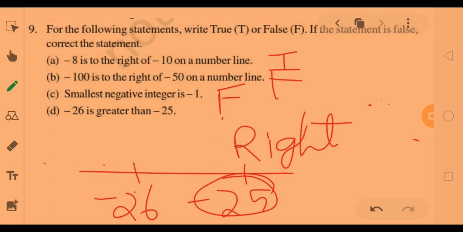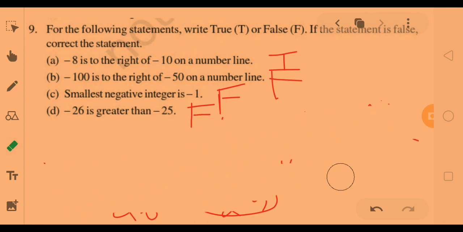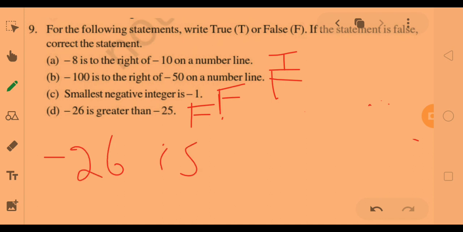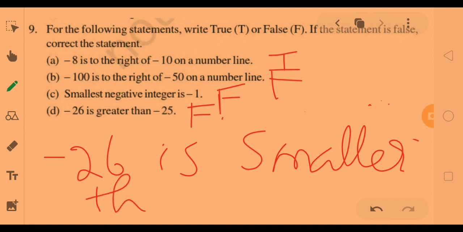That means the given statement is a false statement. So we have to rewrite this statement correctly. We can write it as: negative 26 is smaller than negative 25.